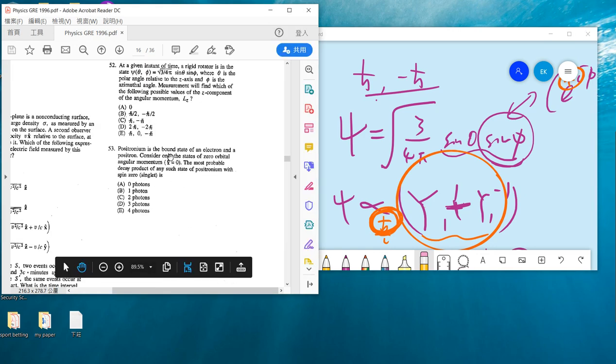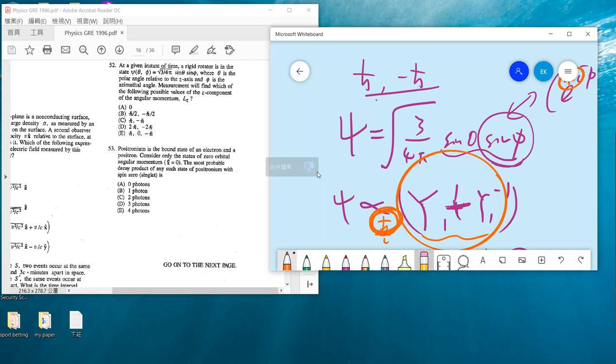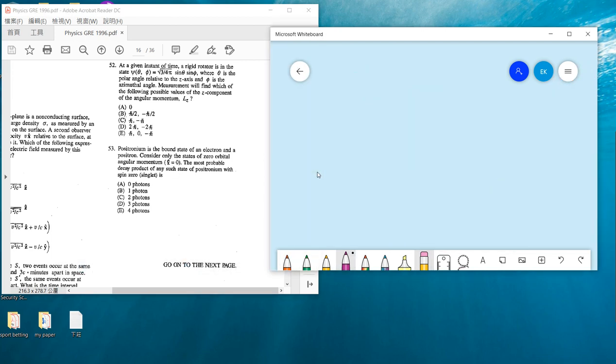Okay, positronium is bound. The electron and positron continually stay in the 0 orbital. So 0 orbital means L equals 0. The question is basically asking about the most probable decay of positronium, into which photons. Remember photon has spin 1.